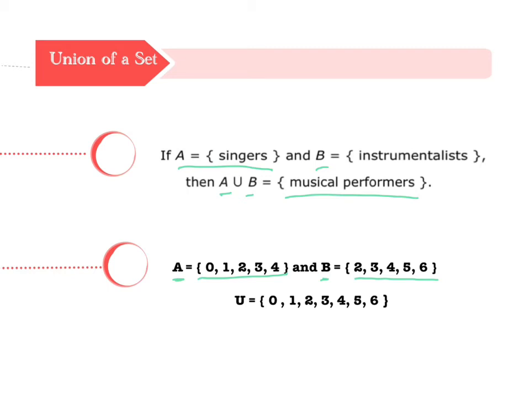Therefore, ililista natin lahat ng elements na nandito sa set A at nandito sa set B. So we have the union, which is 0, 1, 2, 3, 4, 5, and 6. Okay? So therefore, this is the union of A and B.